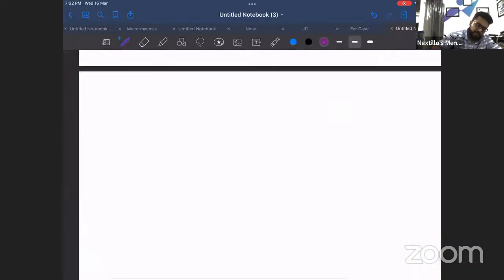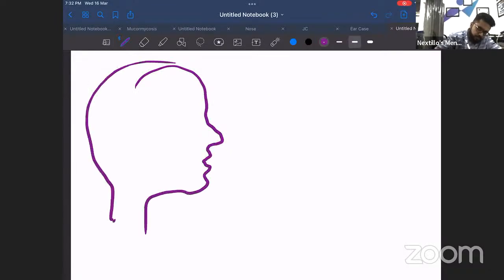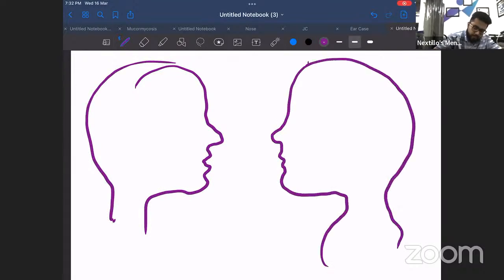Now try to imagine the head of the patient. This is the head of the patient, right? And again, I'll draw the patient here. Now see, it will make an angle of 55 degrees with the anterior wall.